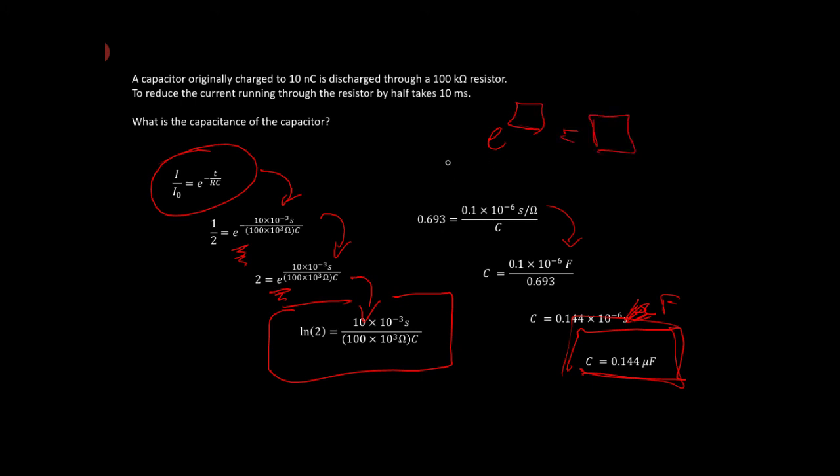And then we can take the logarithm of both sides, so the logarithm of e to this something is equal to the logarithm of that something. So that's the hard part there. And then we do more math stuff with our calculators. And our calculators eventually tell us we have 0.144 microfarads.